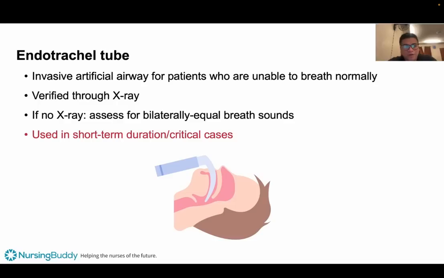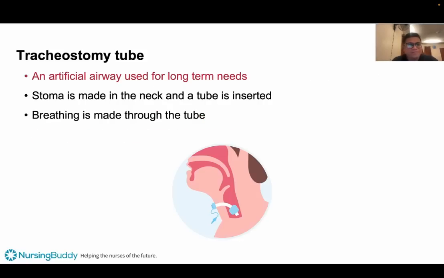Okay? So, again, if no X-ray, you should assess for equal breath sounds. And you need to remember that your ET tube or your intubation, okay, is used for short-term duration and in critical cases only. Okay? So, you need to remember that one.